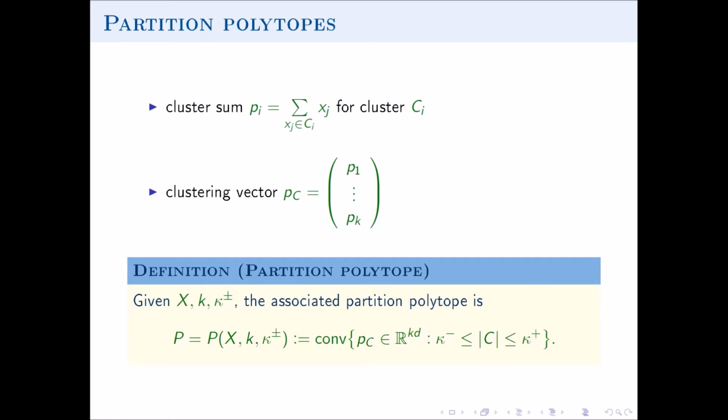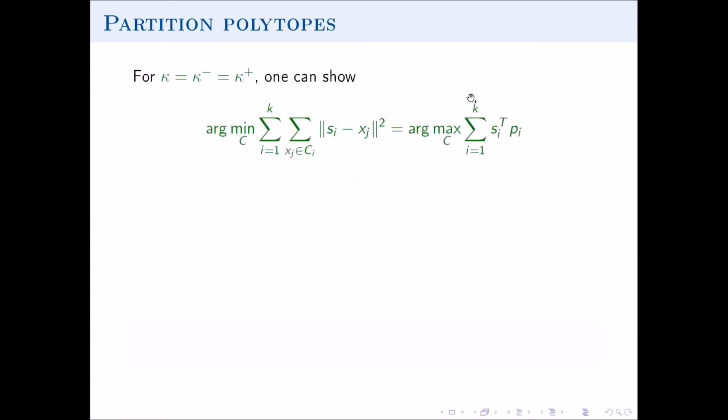So my main goal here is to exhibit why it's so useful to talk about these polytopes, to study these polytopes and look at their vertices, look at their edges, look at their circuits. So let's take a first step here. Let's say the cluster sizes are prescribed exactly.